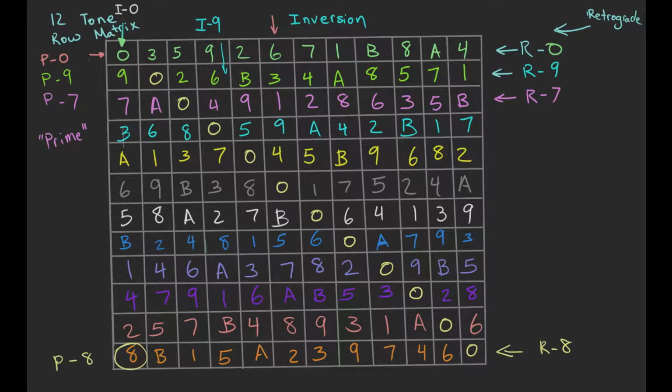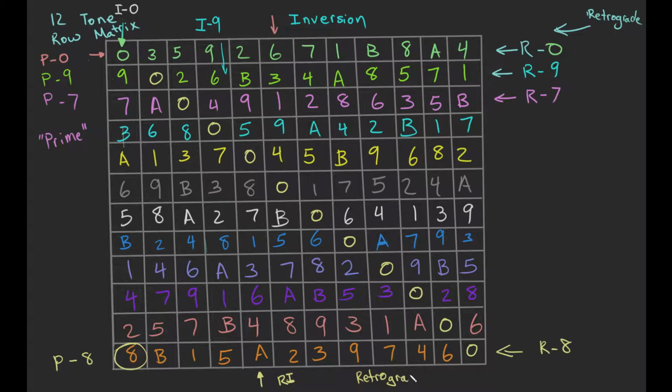And we talked about one more way of altering our tone rows, and that's to go up instead. If you go up instead, this is called RI for retrograde inversion. Retrograde inversion.